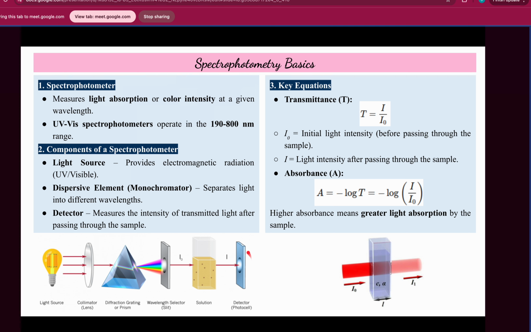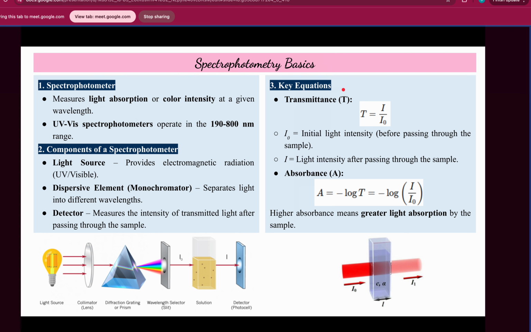And ultimately, the detector, which is the photocell in this case, will record the intensity. It will tell you how much is the absorption at this particular point. So more the absorption, more will be the concentration of the molecules in the sample. So later on, we'll see what are the different equations and how we do it. So this is just a brief overview of the components of spectrophotometer.